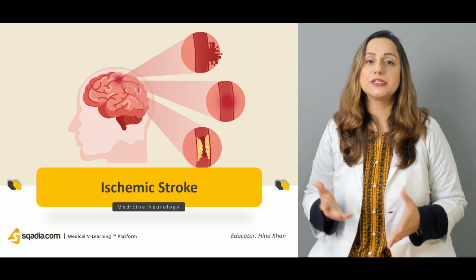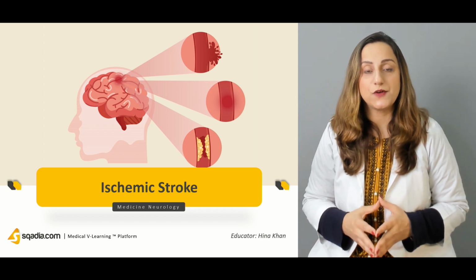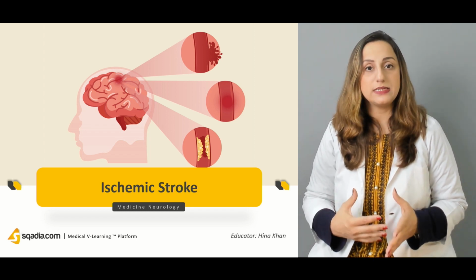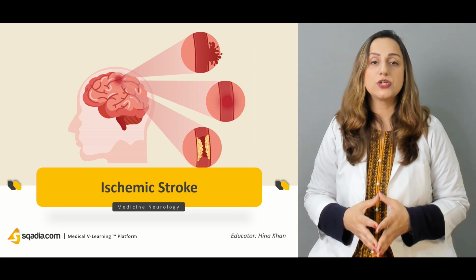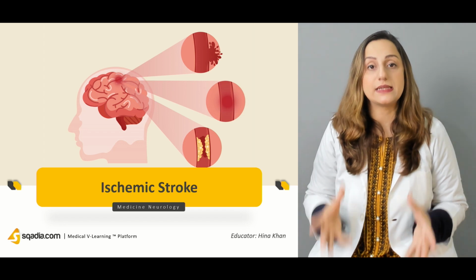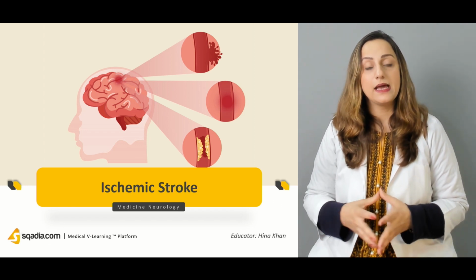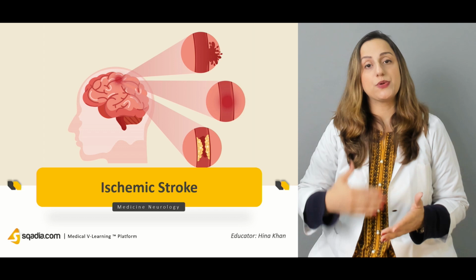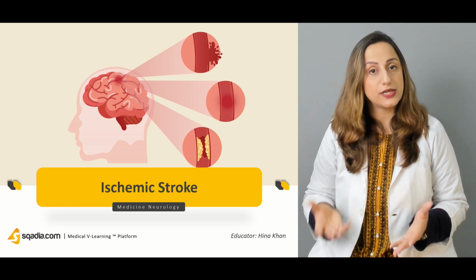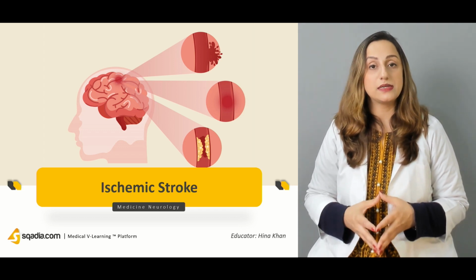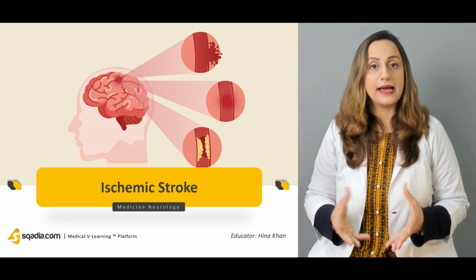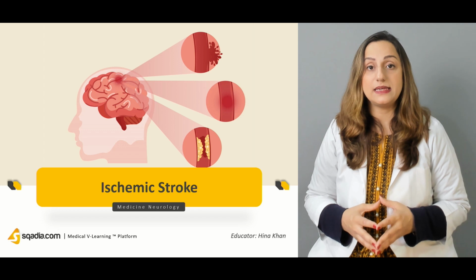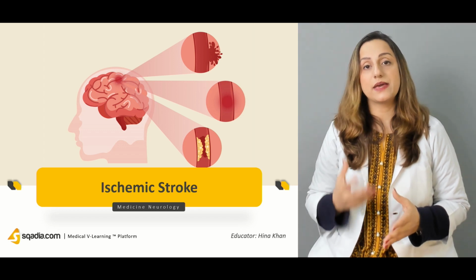Now, we have different conditions. For instance, we have the ischemic variety of stroke, and we have the hemorrhagic variety of stroke, in which there is a completely different scenario: the hemorrhage damages the brain tissue. On the other hand, we have TIAs, that is, transient ischemic attacks.